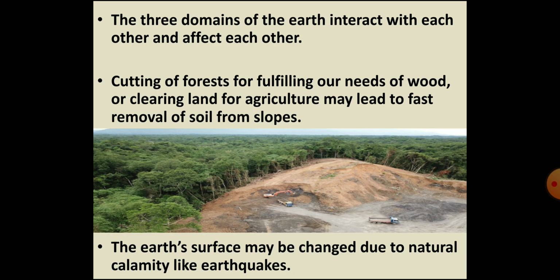What could be the result of such an action? This can result in fast removal of soil from slopes. The next example is the tsunami in 2004, when some parts of Andaman and Nicobar Islands were submerged underwater. As a result, the surface of the earth was changed.